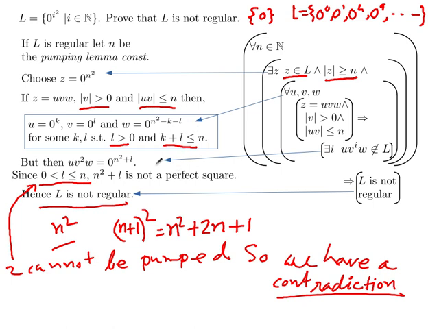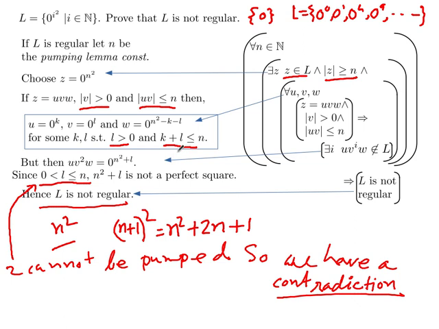So this is how you use pumping lemma to prove that certain languages are not regular. Later we will study closure properties, and we will see that closure properties help us to prove that certain languages are regular.